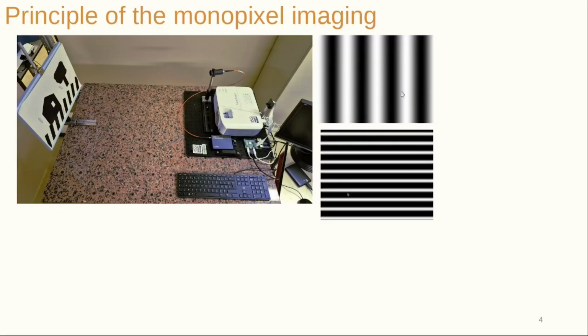I show here two patterns, and if the image contains the pattern that is projected, the light collected will be important, and if the pattern projected is not on the picture that is fixed on the screen, you collect only little light.